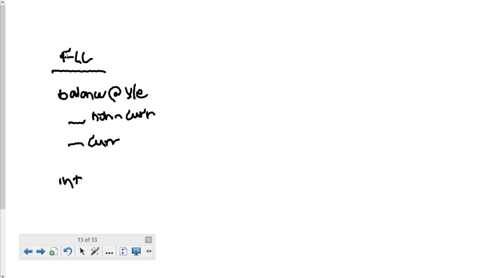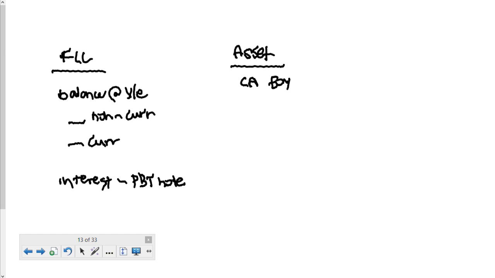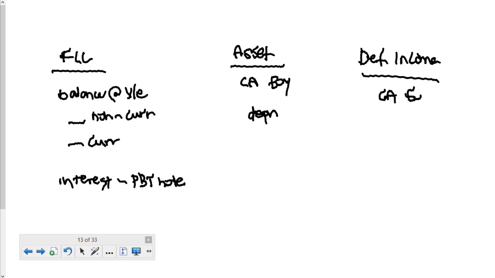I want the interest expense, the interest in the profit before tax note. And then for the asset, I want the carrying amount at the end of the year, and I want the depreciation. And then for the deferred income, I want the carrying amount at the end of the year.